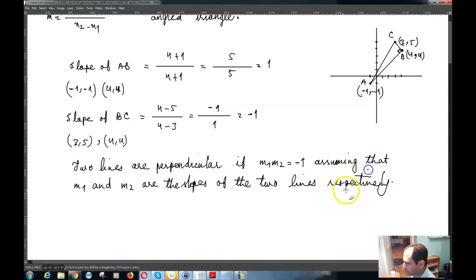So we already said that, and of course you can say that two lines are perpendicular if m1 m2 is equal to -1.